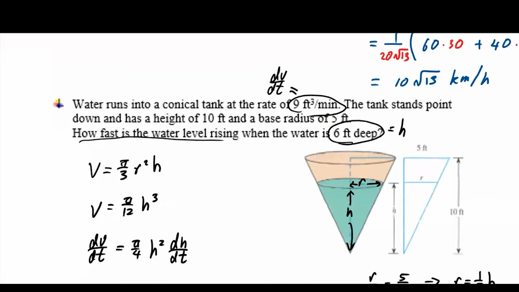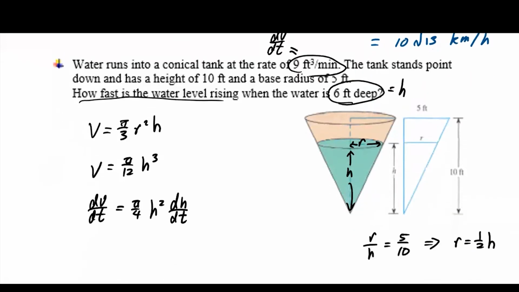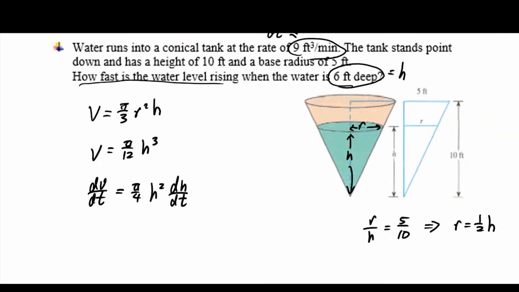Do we plug in these numbers now to solve for dh over dt? No, don't you dare. Calculator ready form. Do you remember calculator ready form? No numerical equations. I need you to do this. I need to see this part. This is 4 over pi h squared dV/dt.